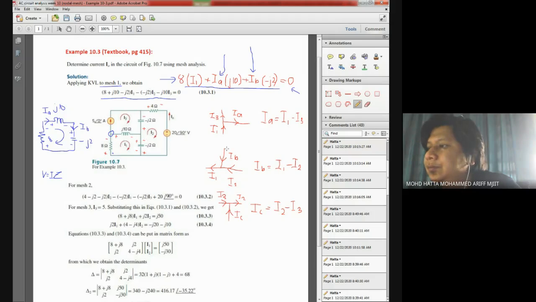From here, I can write down my IA equation, which is given by I1 minus I3. IA over here is given by I1 minus I3. This is from Kirchhoff's current law, where the sum of I in should be equal to the sum of I out.